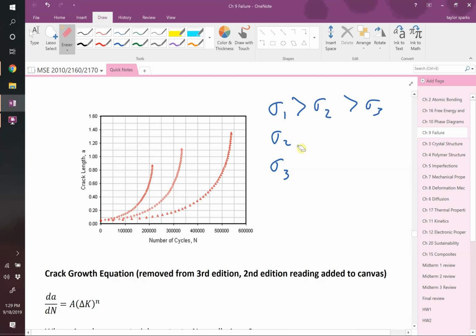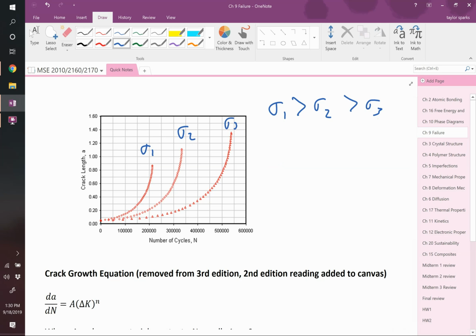The crack grows the fastest under the largest stress. So that would be something like stress 1, stress 2, stress 3. As you change stress, in all of these scenarios, the crack is going to grow, okay? But it might grow really slowly for sigma 3, and it might grow much more rapidly for sigma 1. Is the crack growth linear?